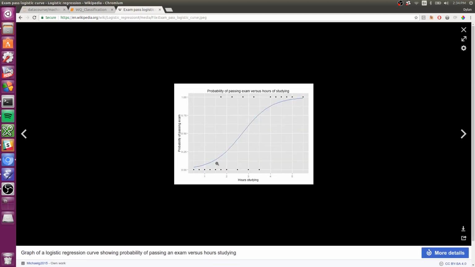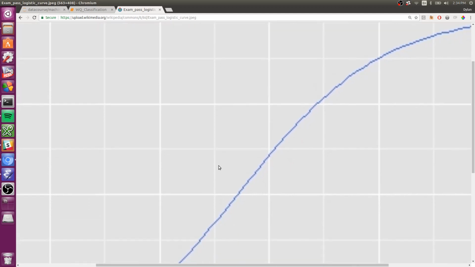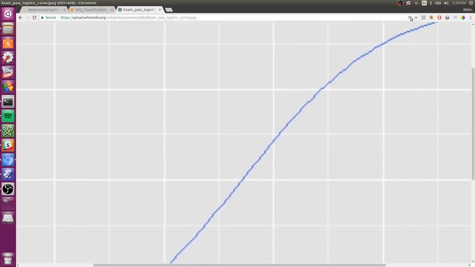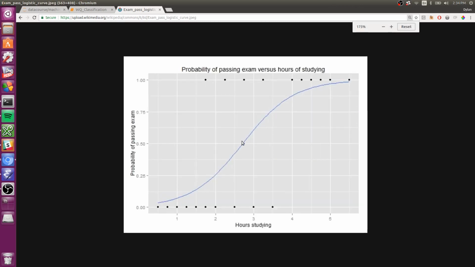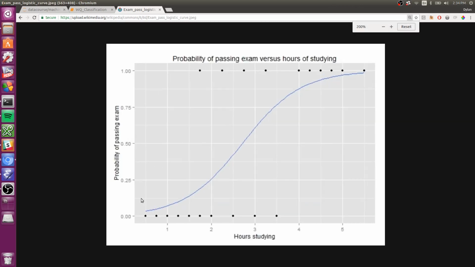The sigmoidal function has this shape, where it smoothly goes from 0 to 1, and it plateaus both off to negative infinity and positive infinity.